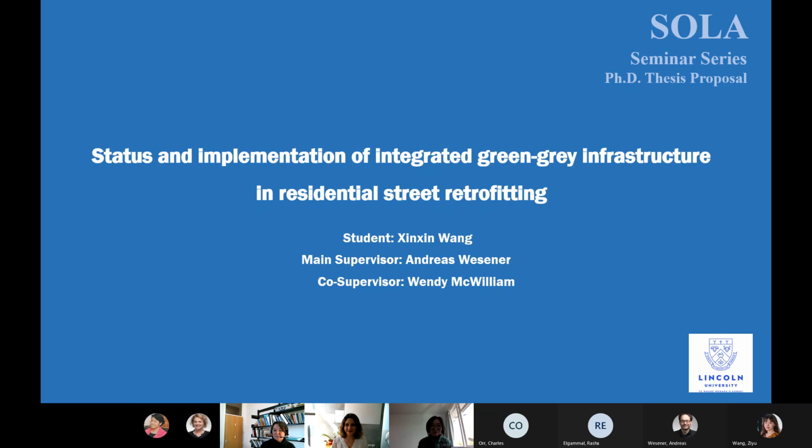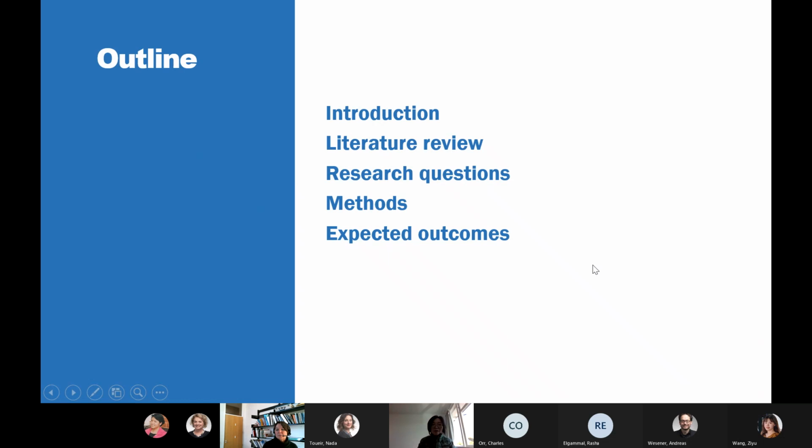As you see from the title, my central topic, central concept is integrated green-gray infrastructure, and the study context is in residential street retrofitting, and the scope is research status and implementation. So today's presentation will cover 5 sections.